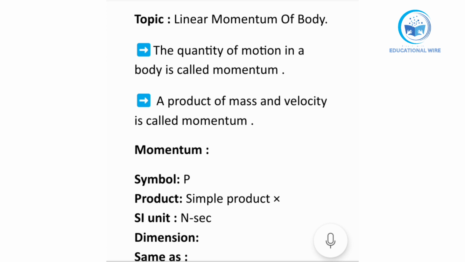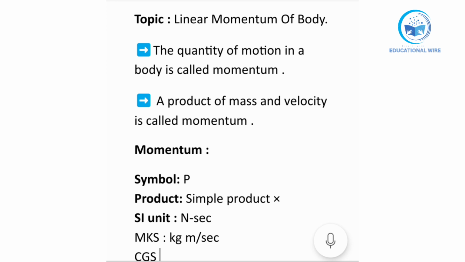So we are having a kilogram. We will move further and take out how its SI unit is Newton second. Until then we should talk about its MKS unit. In the MKS system it's kilogram meter per second.